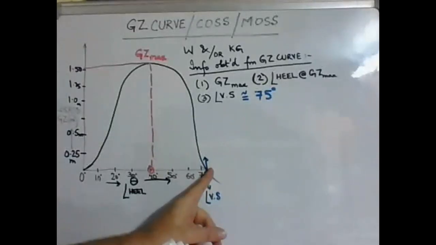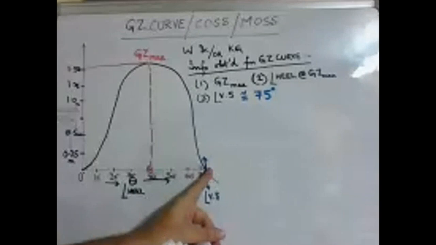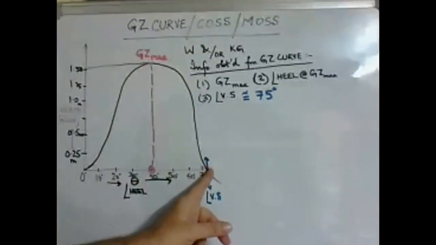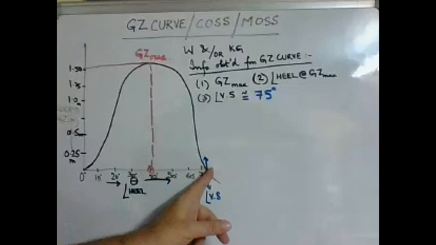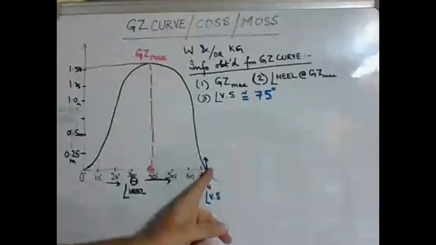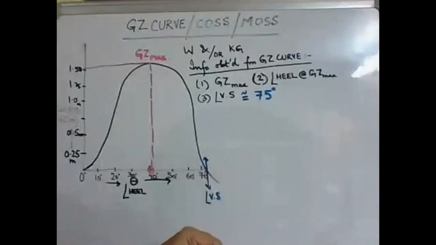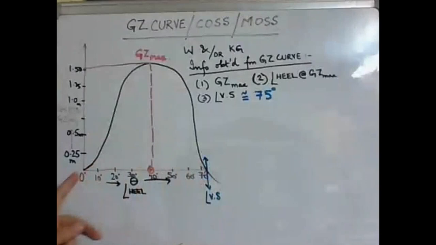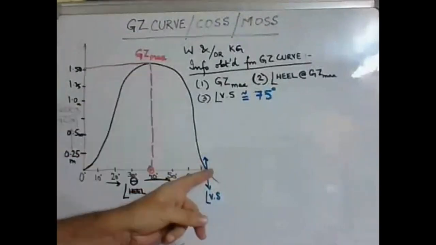How do you define angle of vanishing stability? It is that angle of heel at which the GZ becomes zero again.